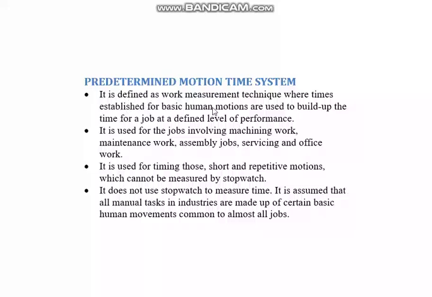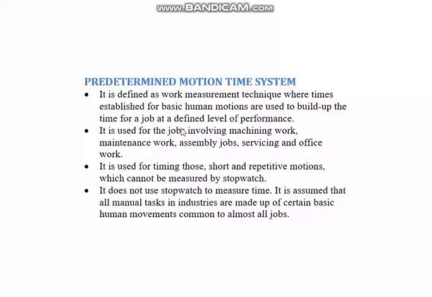This is also a work measurement technique where the times established for basic human motions are used to build up the time for a job at a defined level of performance. Some basic human motions are used for establishing the times.